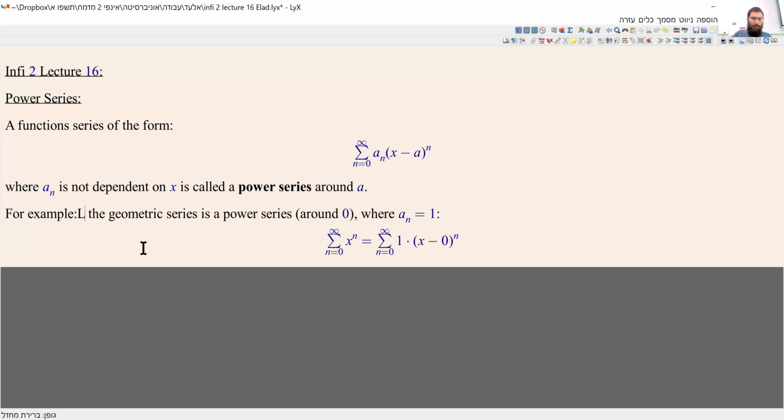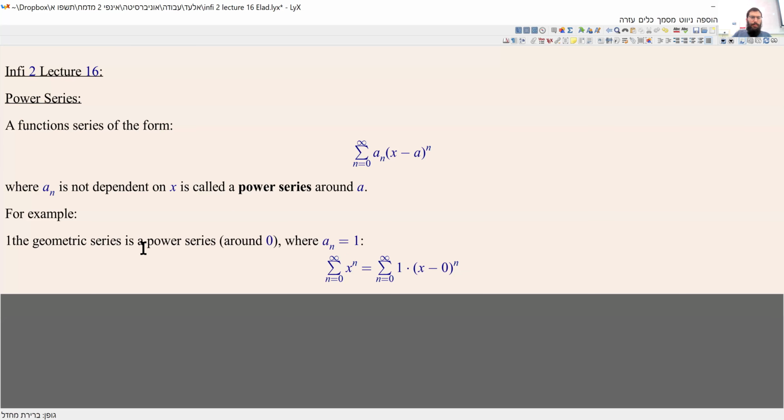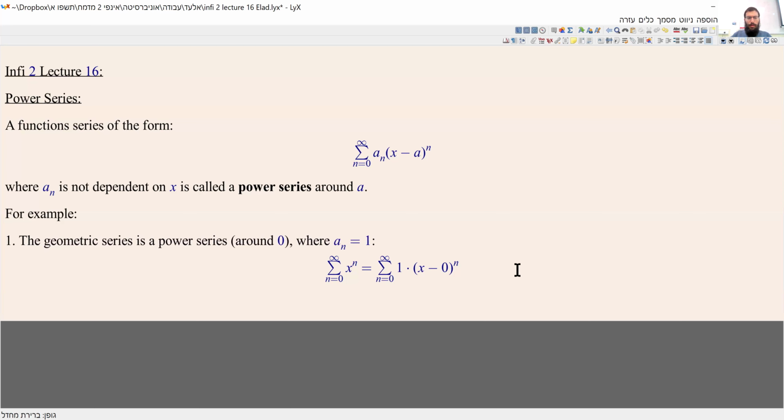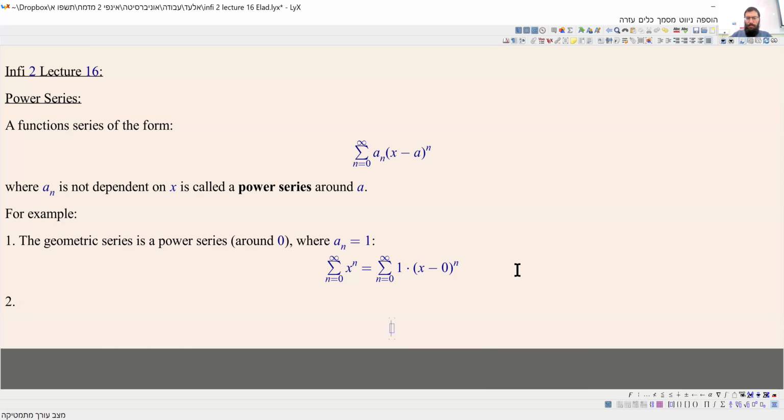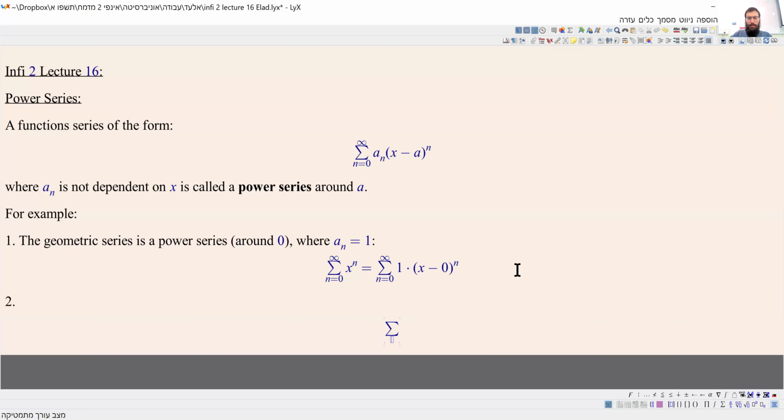For example, first example, it would be 1. Second example, something ugly: the sum, n goes from 2 to infinity, of minus 1 to the power of n multiplied by ln n, times (x minus 8) to the power of n.